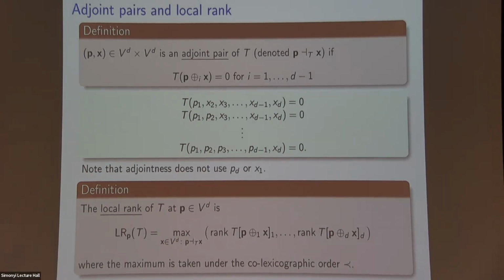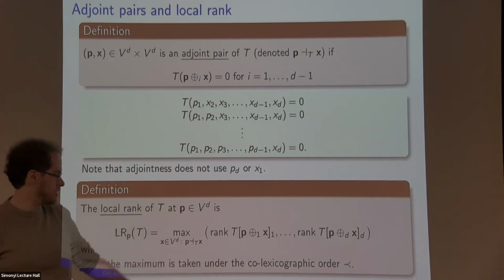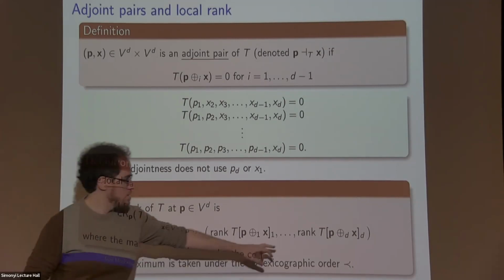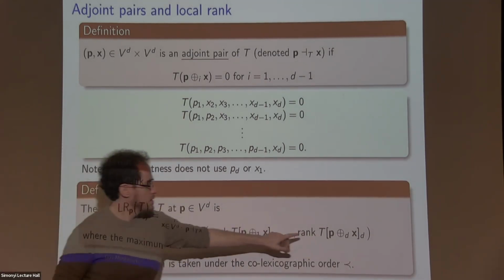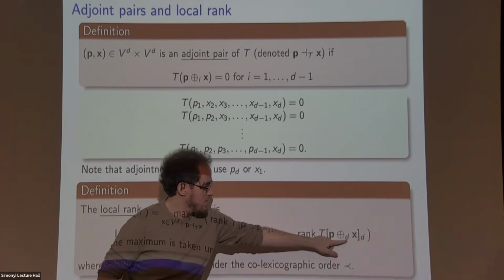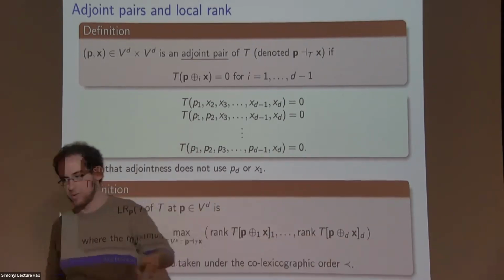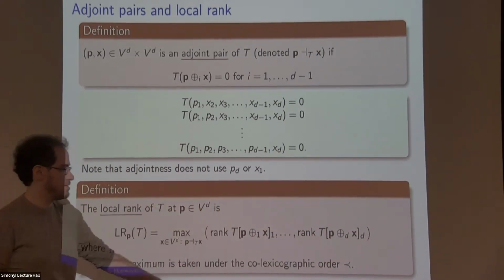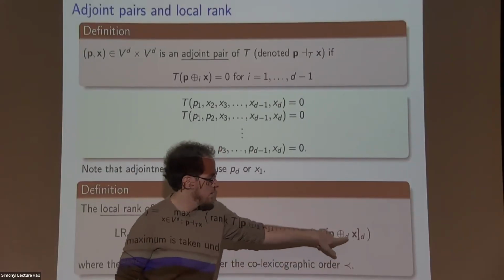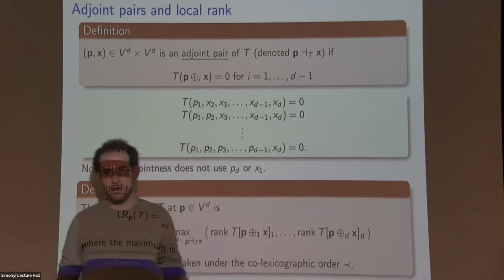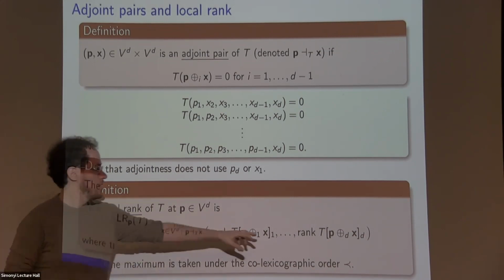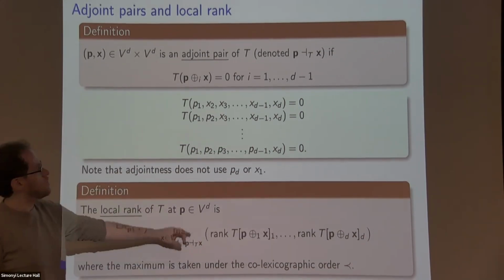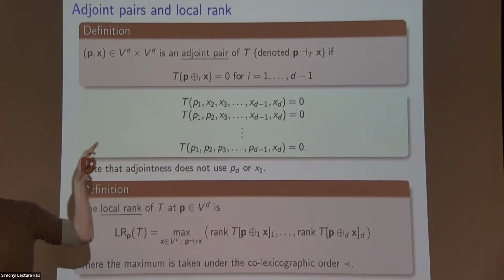So what do you do? Let me walk you through this expression. Let's look at the last coordinate of this vector. You have this partial matrix where we had concatenation sub d. So you take all the d components of P and nothing of X. So this partial matrix is just T evaluated at P when you forget the last coordinate. It's a certain matrix, you can look at its rank, fine, you get something. Now the rest of the d minus 1 coordinates, you plug in these points.